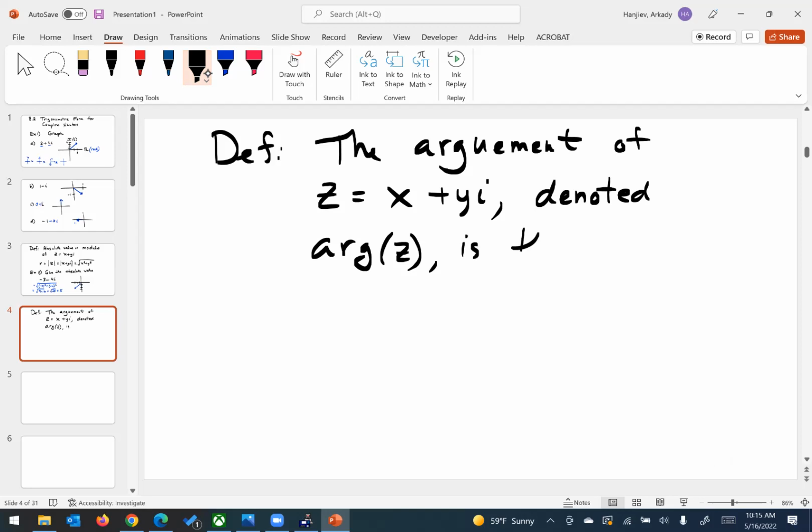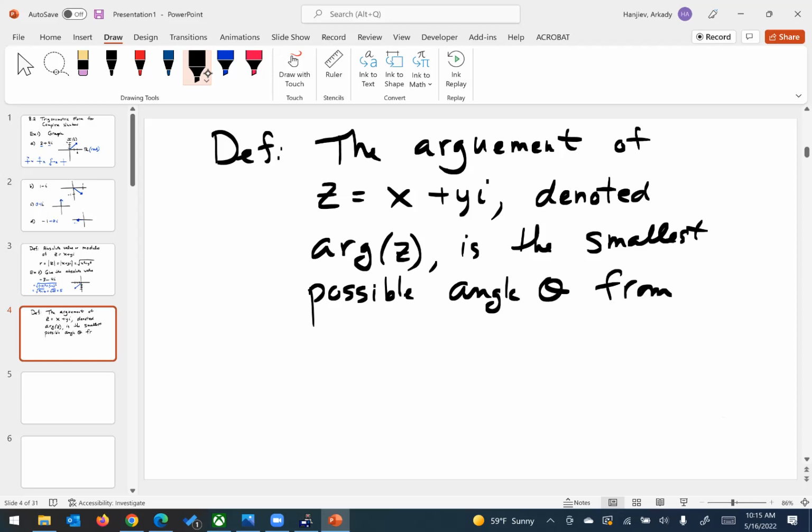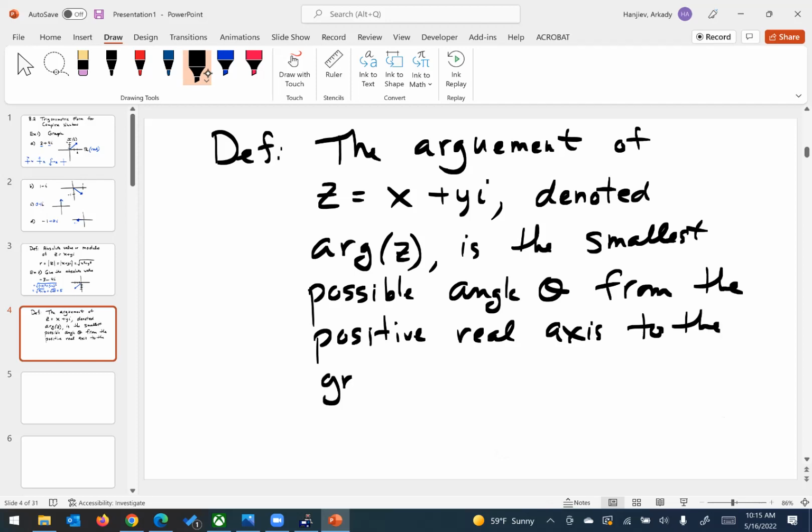It is the smallest possible angle, theta, from the positive real axis, not the x-axis, real axis, to the graph of z.